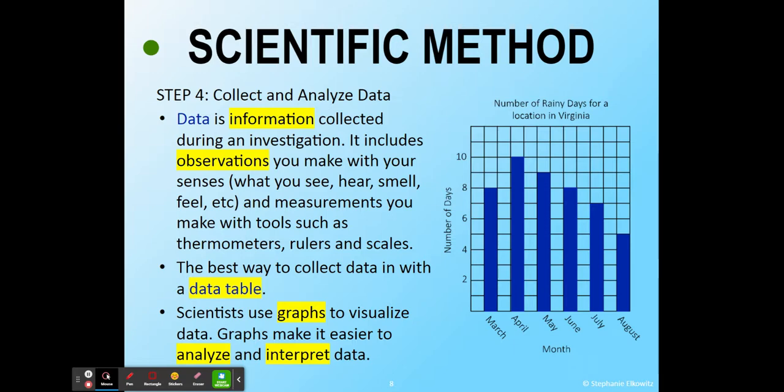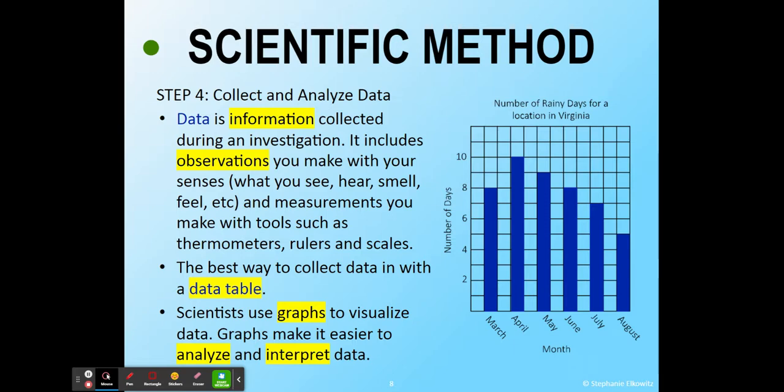The best way for us to collect data is with a data table. A data table is basically giving you information on the day, information on the data that you took, so if you're measuring with a ruler, and any other information. You have probably all seen data tables in math at some point when we're talking about graphing, right?